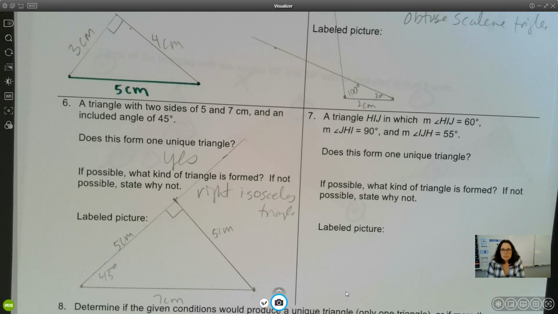All right, let's look at this number 7. A triangle HIJ in which angle HIJ is 60 degrees, JHI is 90 degrees, IJH is 55 degrees. Okay, let's pause for a minute. Whenever we're given 3 angle measurements, let's pause and make sure that they add to 180.